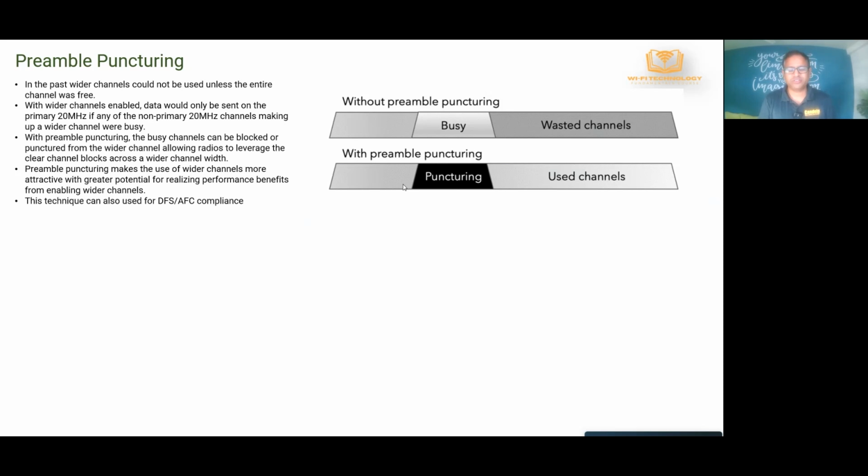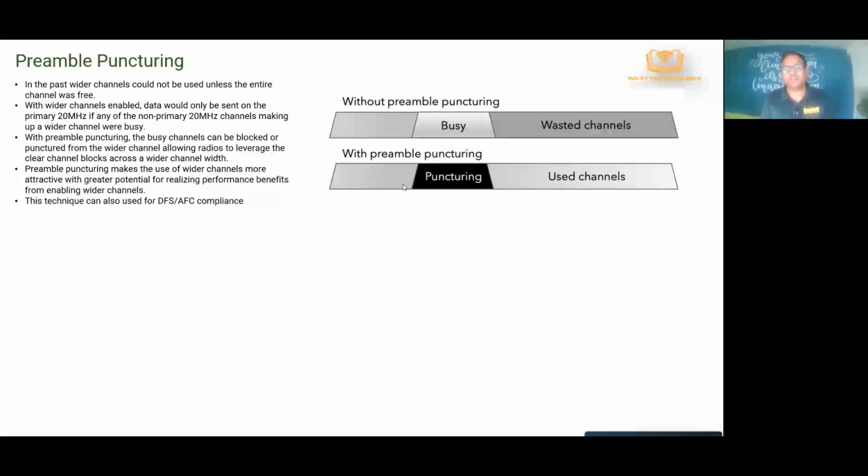So for example, let us say you have an 80 megahertz wide channel that is allocated for a particular access point. And when the AP is doing the signal detect, it detects some interference in some part of the 80 megahertz, maybe a 20 megahertz piece of the 80 megahertz. Normally, what APs or stations will do is they will back off and not use the entire channel, and that is basically wasting the frequency resources.